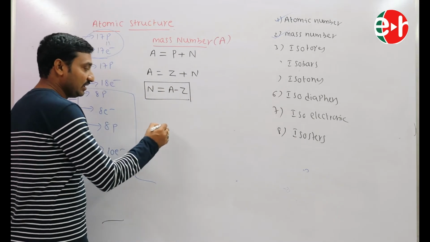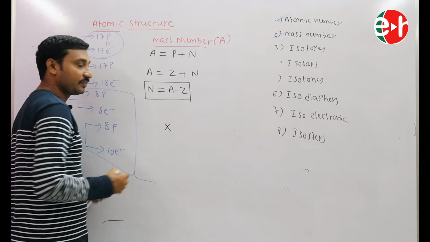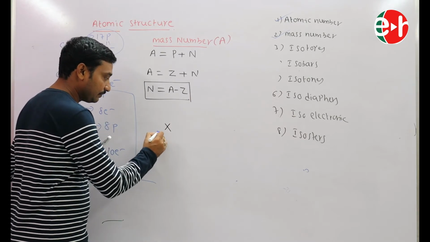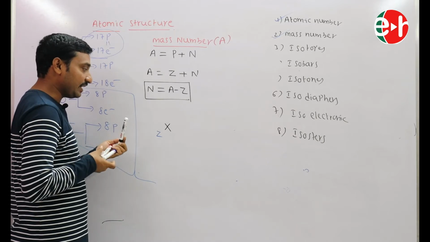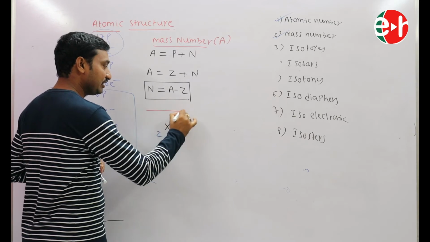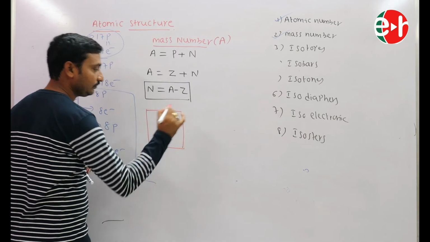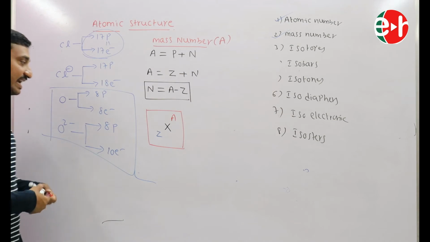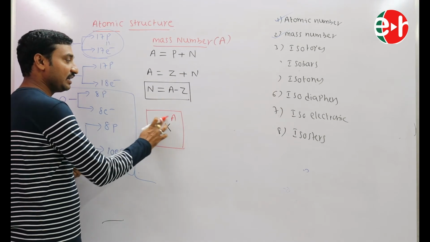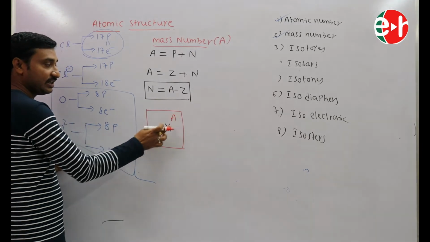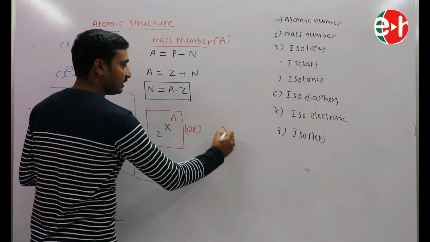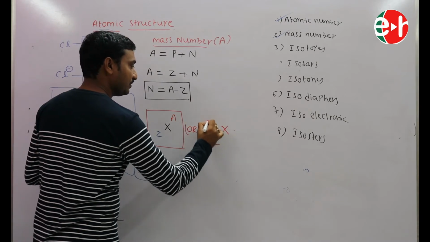Suppose an element X has atomic number Z and mass number A. Then the element is denoted like this: X with Z as subscript and A as superscript.